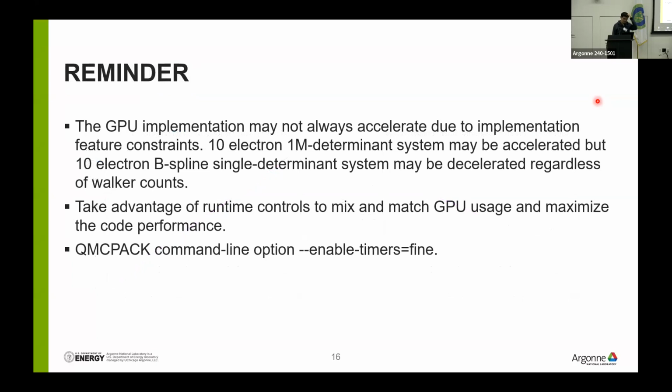Okay. So the last thing, some reminders for what I want to say. The GPU implementation may not always accelerate. So just to remind you, you may need to think whether your computation is worth being accelerated or not.